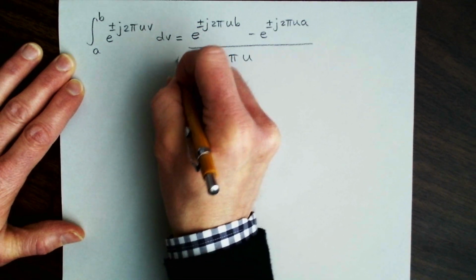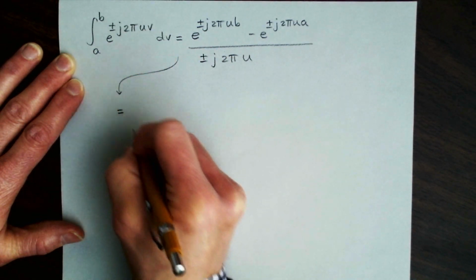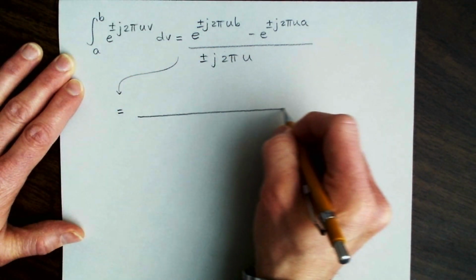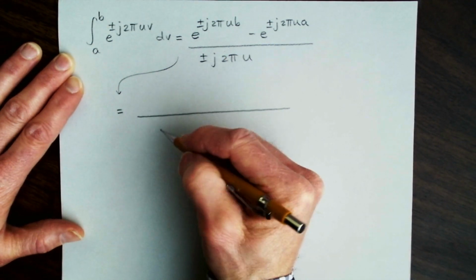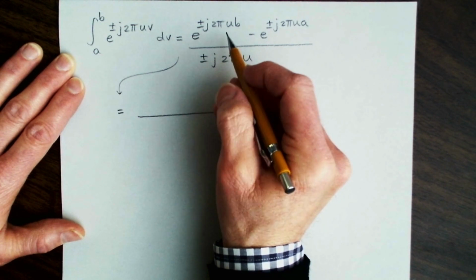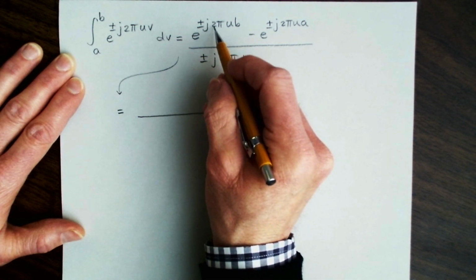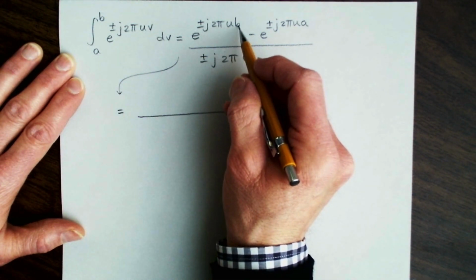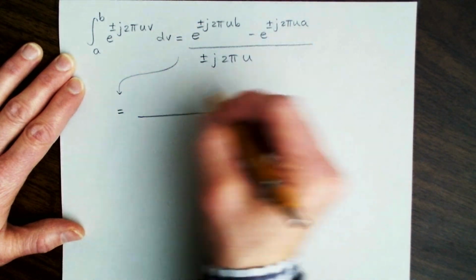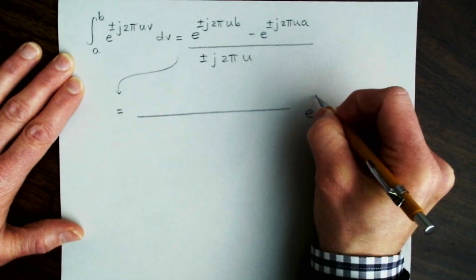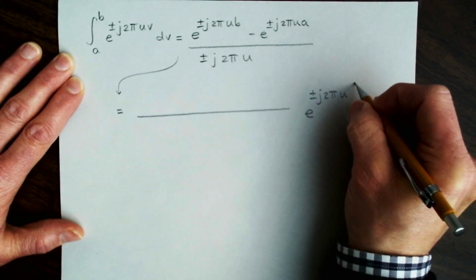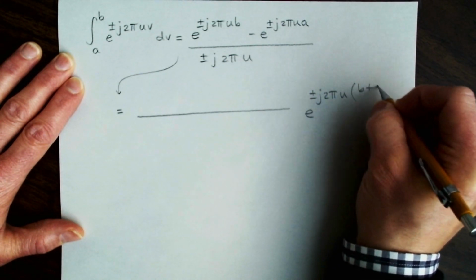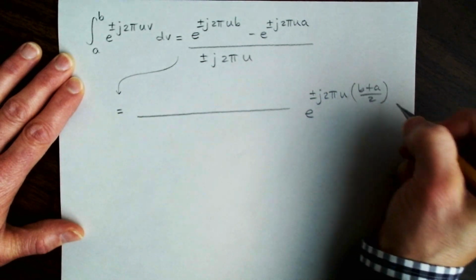Now, I'd like to use this trick that we've talked about where we factor out the average of the exponents. So the average is going to be plus or minus j 2 pi u times b plus a over 2. So we're going to have this exponential function here, 2 pi u times b plus a over 2. That's the average.